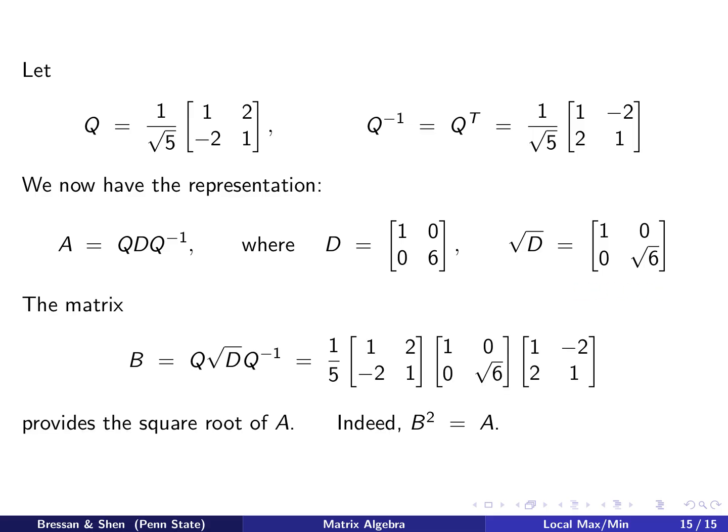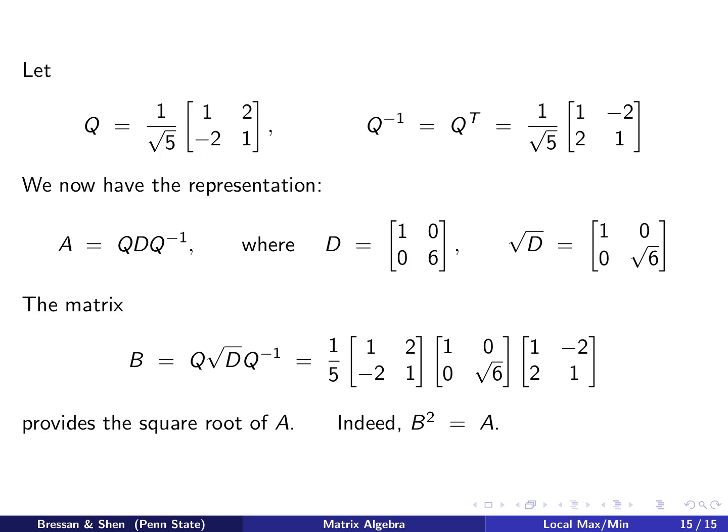With this, we can form a matrix B, which is Q times the square root of D times Q inverse. Then here we can put in all the numbers that we have. This one times this one is 1 over 5.